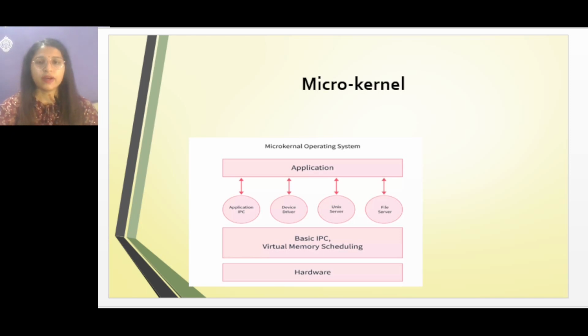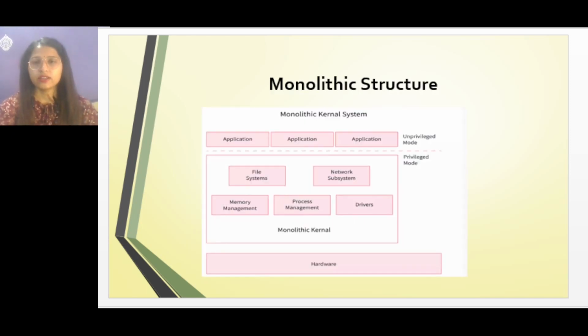So just remember that in monolithic kernel, monolithic structure, the entire operating system works in kernel space. And if any of the components fails, then it can crash your system. The main advantage is your performance will increase, but it is not much secure, as if any of the components fail, your system can come down.